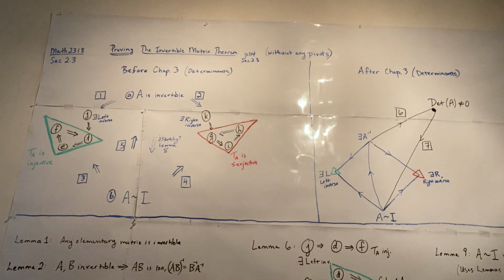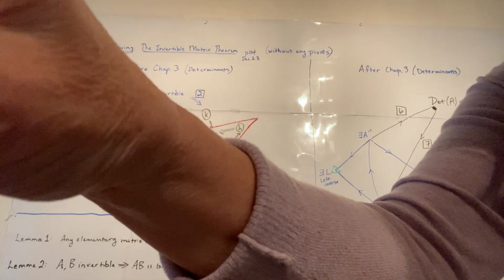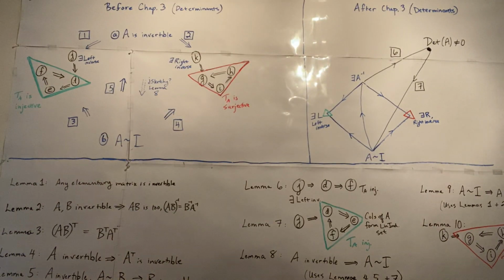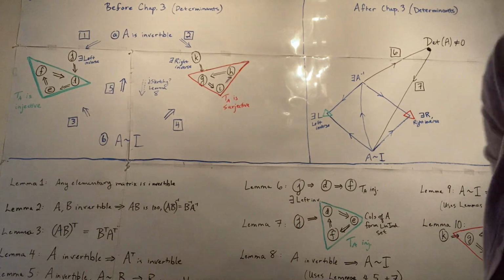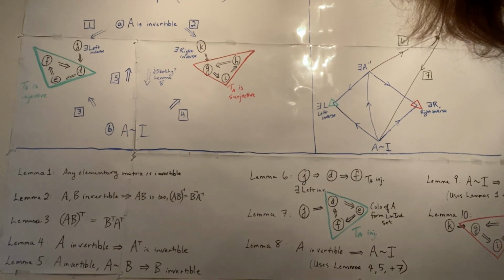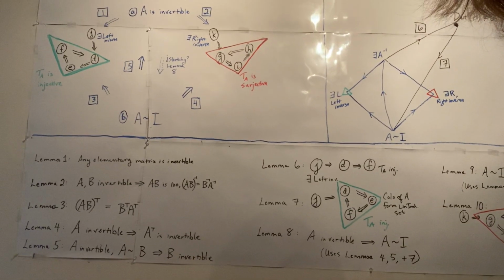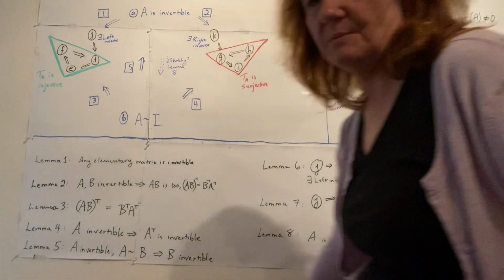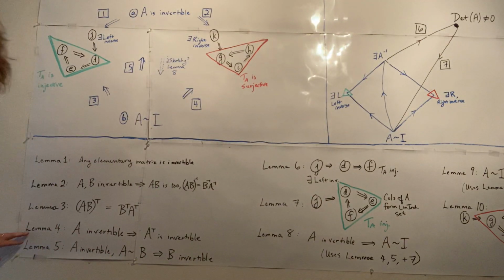Okay, so now let's talk about your guide to all those lemmas. You have 10 lemmas proved to you in a number of videos. Okay, so I'm assuming you can see all the way down to here. Okay, good. All right, so here's your guide to all those lemmas.